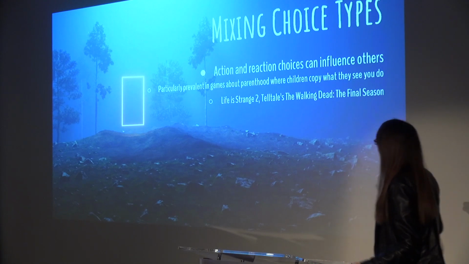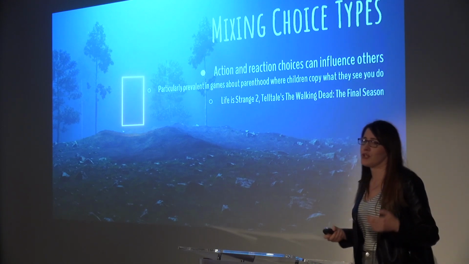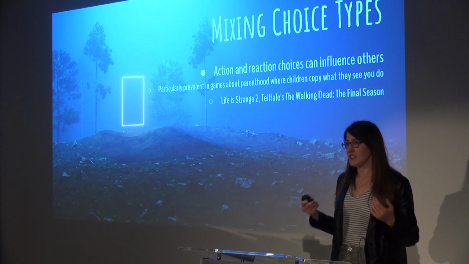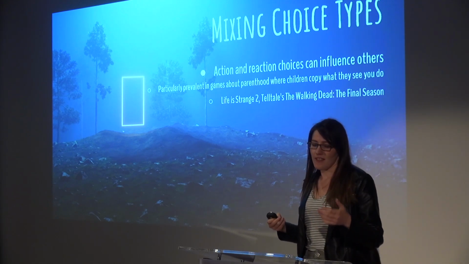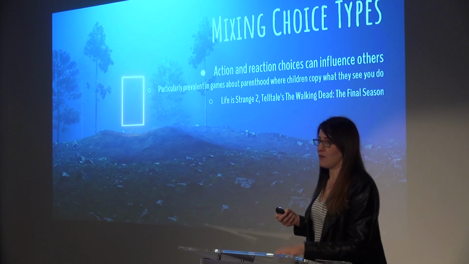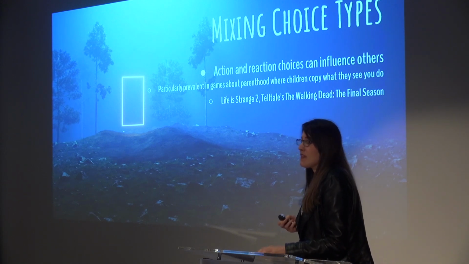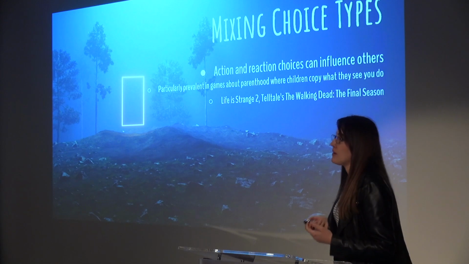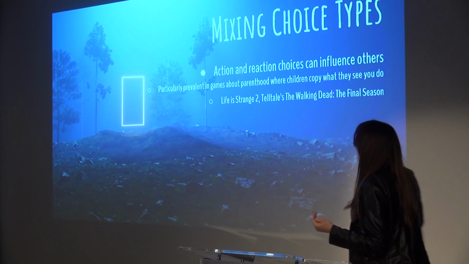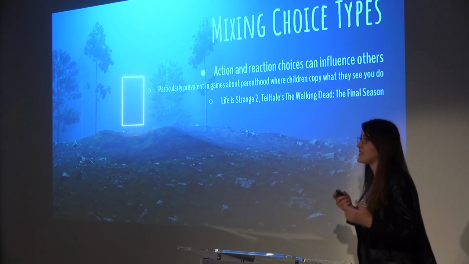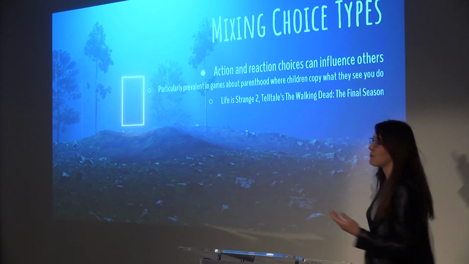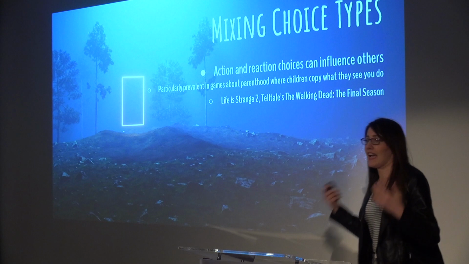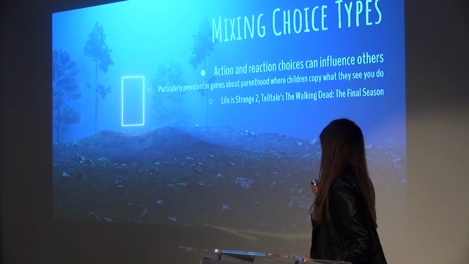The Walking Dead's final season and Life is Strange 2 are both about raising children, and the game explicitly tells you at the start that your actions are going to influence who these children become. They are copying you, they are learning from you. And these are action choices, and also sometimes opinions that you give, reaction choices, which are disguised. They're actually influencing choices, disguised as actions and reactions.